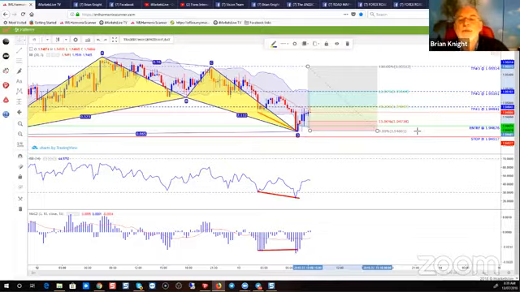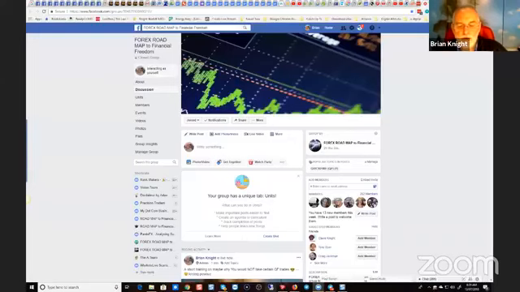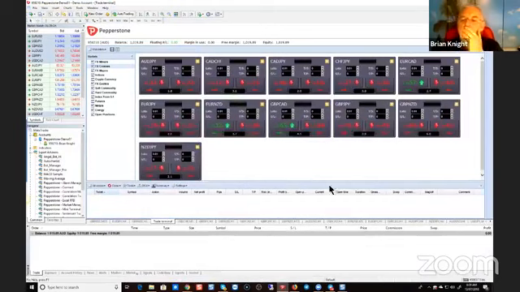Let me just stop sharing that, and I'll share you something over here. Let me share screen on this. So you see, this is a reason why. This is my trading station, and this was up about just a little while ago, about 7 or 8 pips.